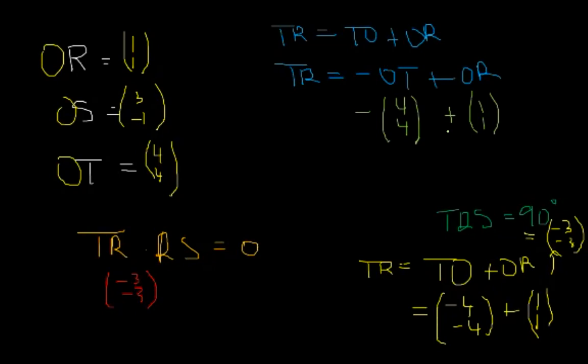We know from scalar multiplication, when multiplying a scalar value by a vector, you need to multiply the number by both the x component and the y component. So it's minus 1 times 4, so it's minus 4, and then minus 1 times 4, also minus 4. Plus 1, 1.